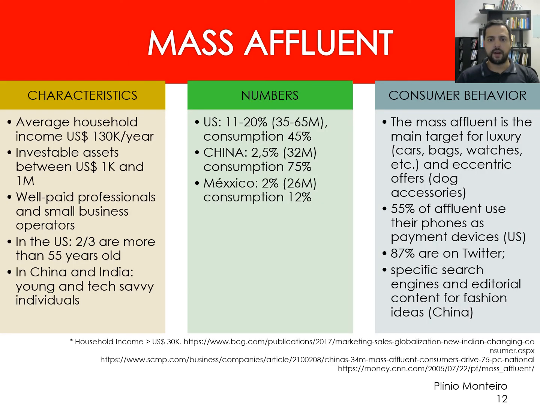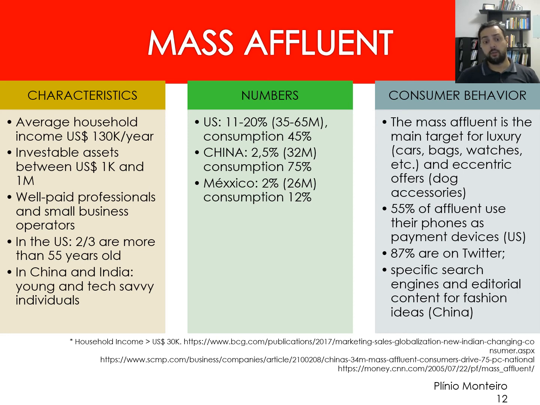And another very important global consumer segment is the mass affluent. Basically, these are people who are very close to being the richest ones in our global society, and they have an average household income of $130,000 a year, and they can invest a lot of money in assets like housing and financial assets and so on.